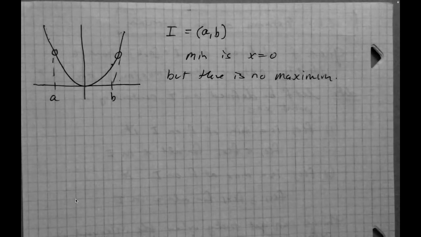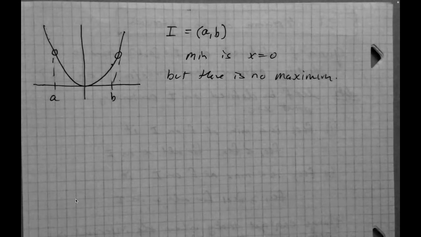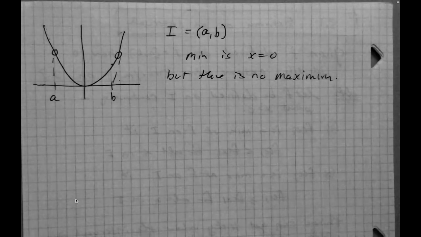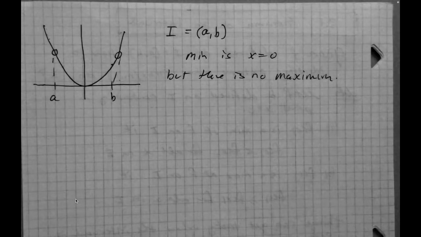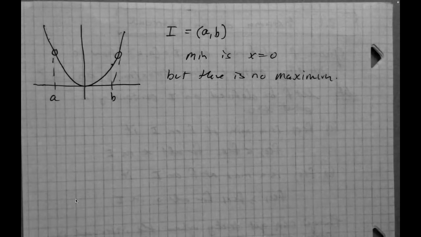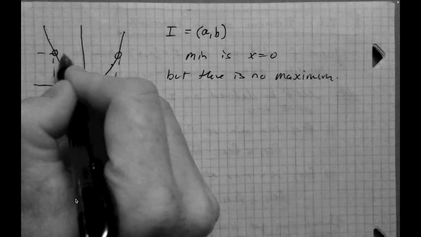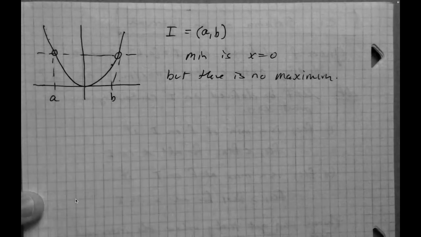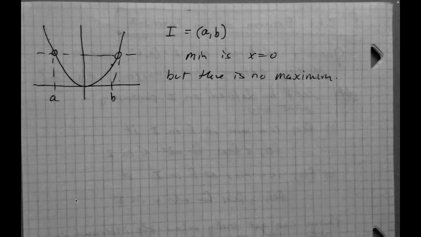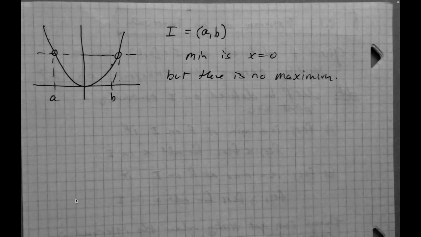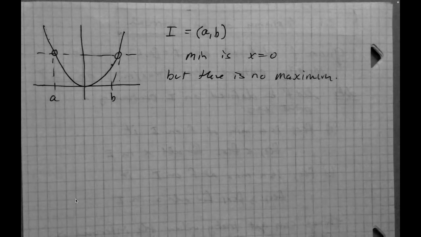And the reason there is no maximum is the same reason that we just saw in the previous example of why there is no minimum in the case where the lowest point is missing. So here you could say, oh, that looks like the highest point, a and b. If those endpoints were included, then clearly those two would satisfy the definition of a maximum, but they're excluded.